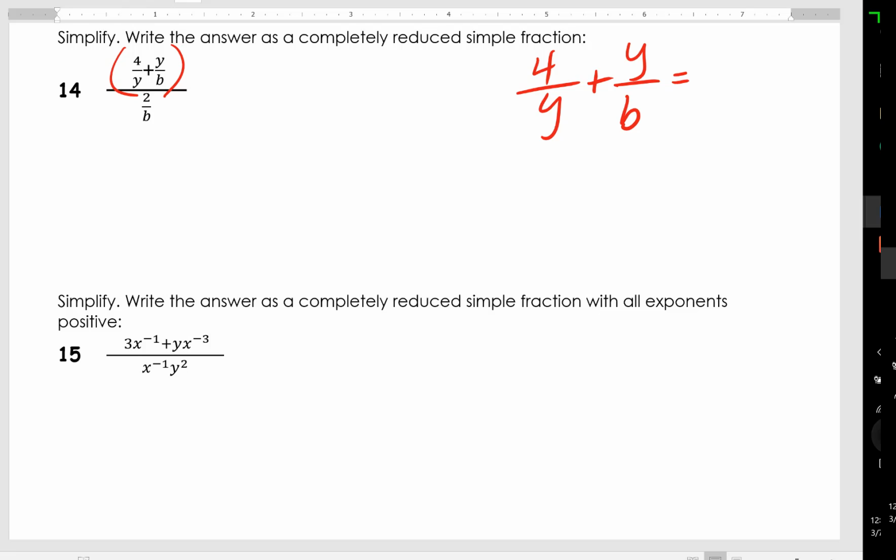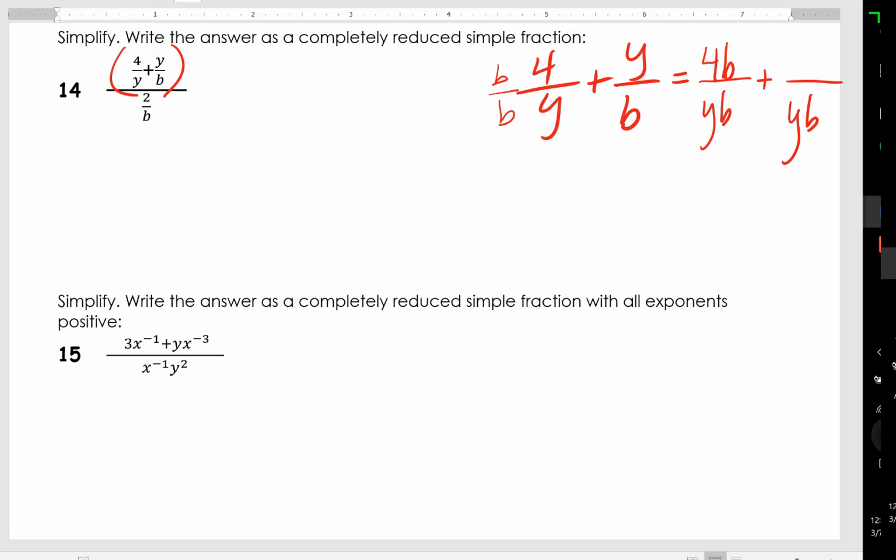All right, so you've got yb. You're just going to add these two fractions together. Common denominator is yb because those are the two factors involved. To get the first fraction to have a denominator of yb, you're going to have to multiply it by b over b. See, yb. So the numerator will become 4b.